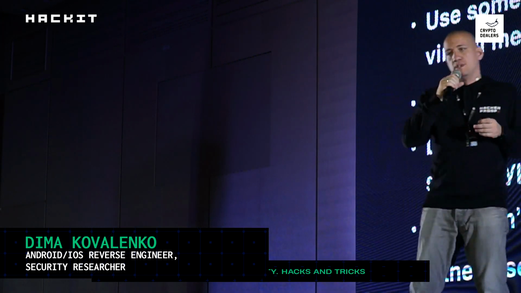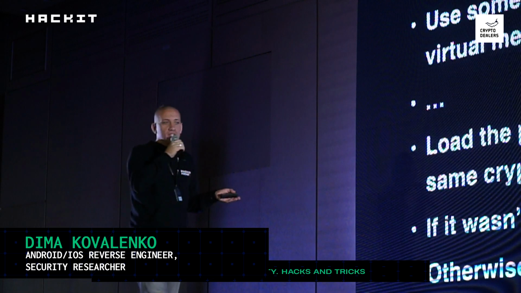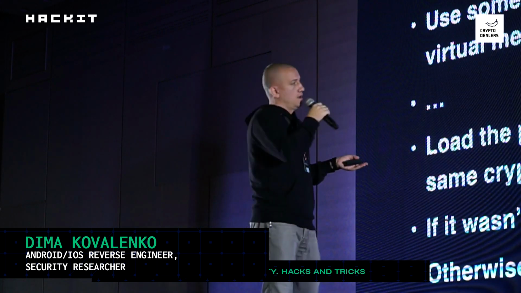One of the possible mitigations is to sign a pointer, to use cryptography to sign a pointer. Actually, we use cryptography to sign, for example, PDF documents to make sure they are not changed, right? That's normal practice. So why don't we sign pointers?